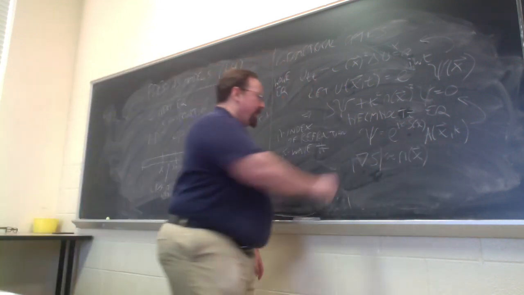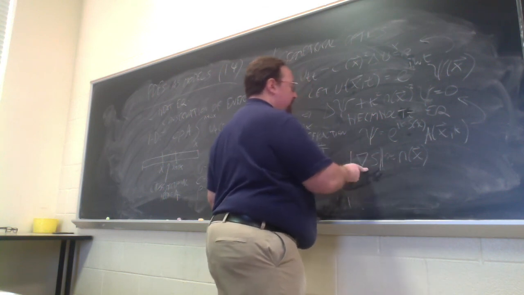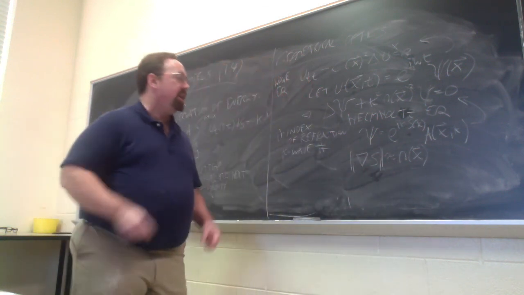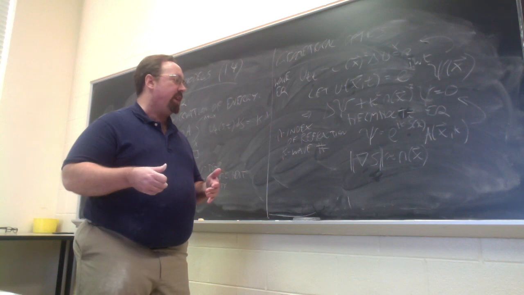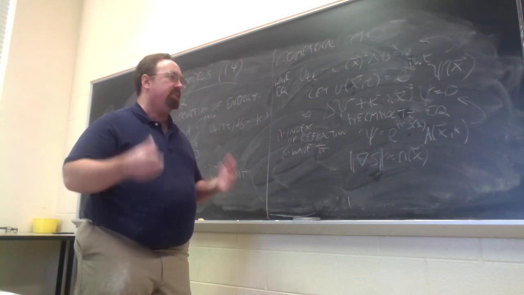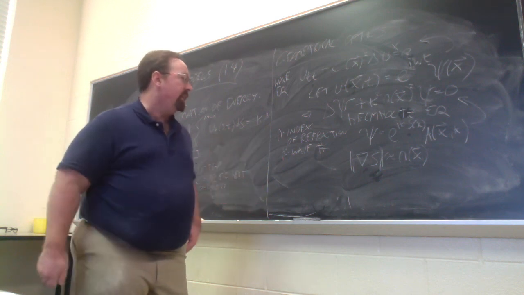And this is a vector magnitude, the Euclidean length of a gradient: ds dx squared plus ds dy squared plus ds dz squared, take a square root.